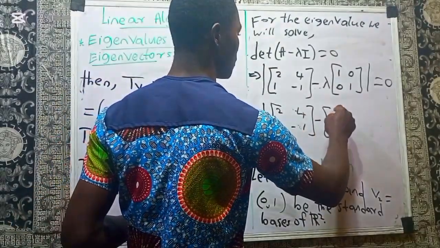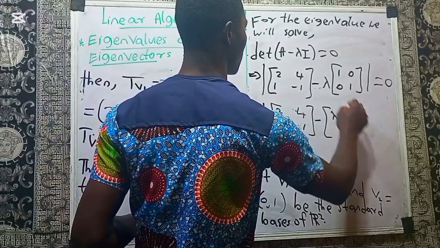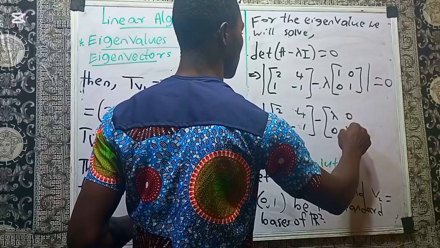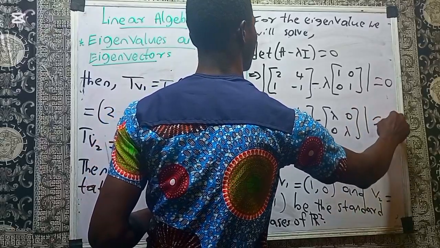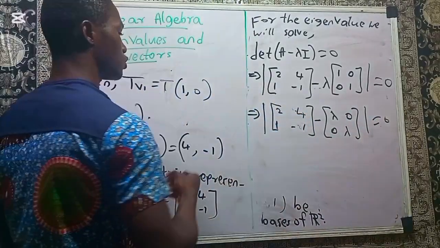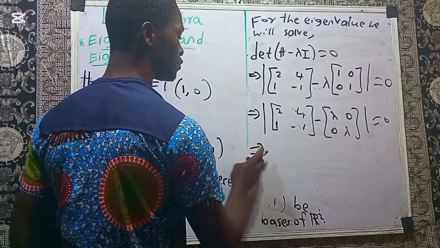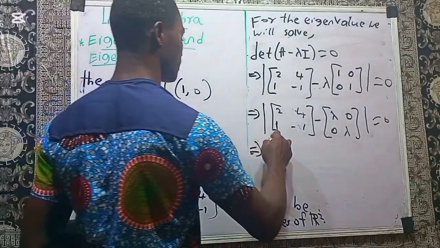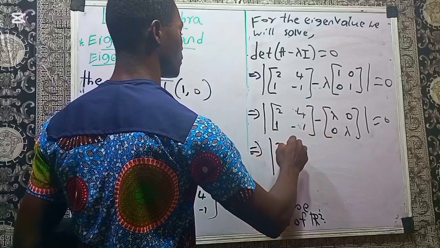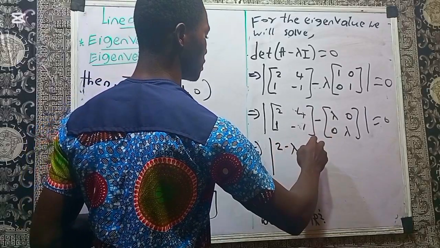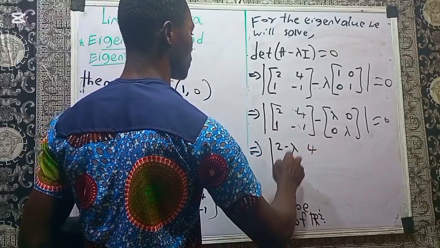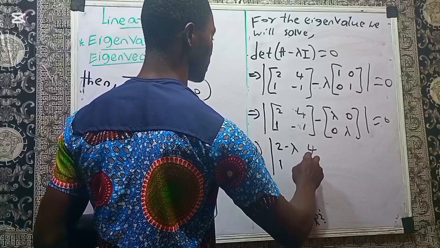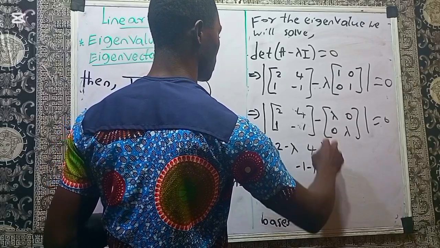Lambda multiplied by 1 is lambda, lambda multiplied by 0 is 0, lambda multiplied by 0 is 0, lambda multiplied by 1 is lambda. Then we have determinant equated to 0. So we can subtract the two matrices, right? 2 minus lambda, 4 minus 0 is 4, 1 minus 0 is 1, and negative 1 minus lambda.